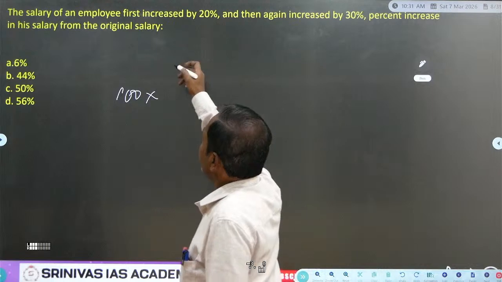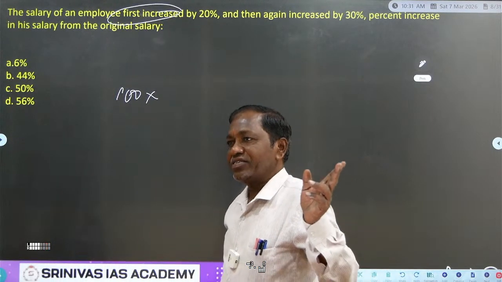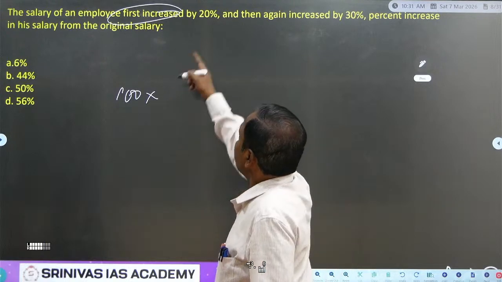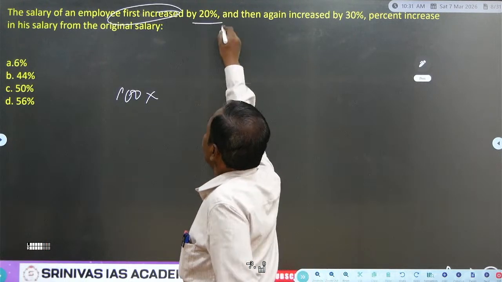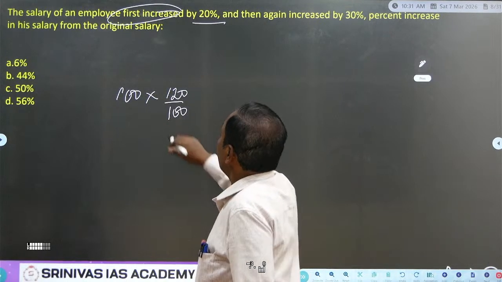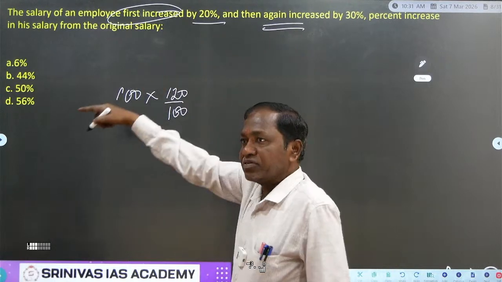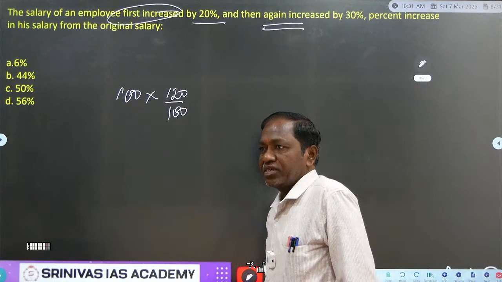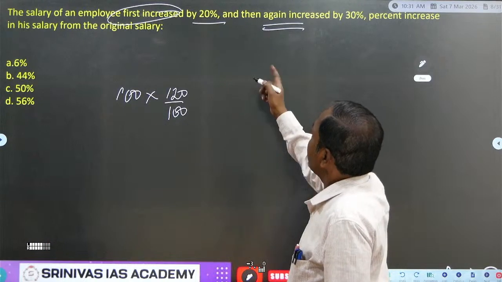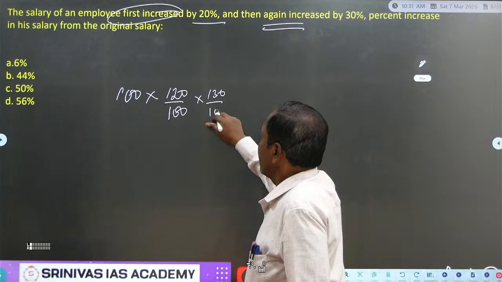The word first means it is followed by the next, or second, or third. So 100, first increased by 20%, into 120%. And then again increased, the word again means it follows the earlier thing, by 30%, into 130%.